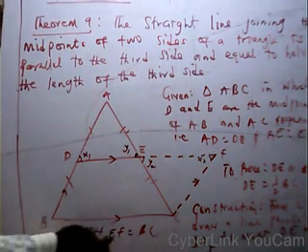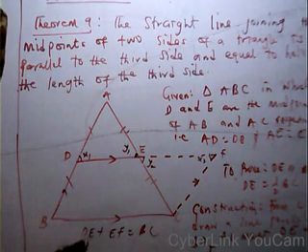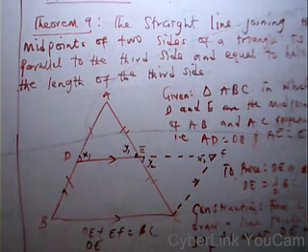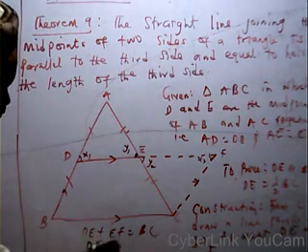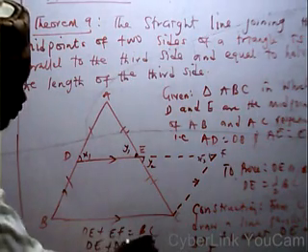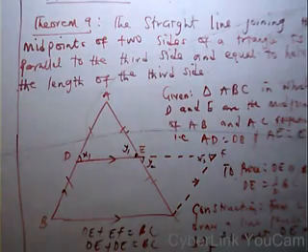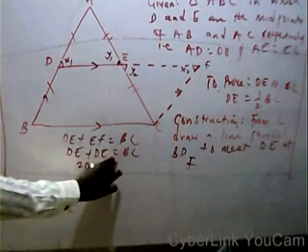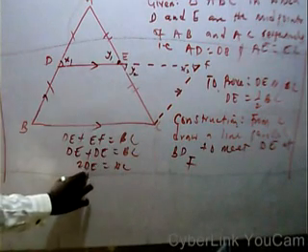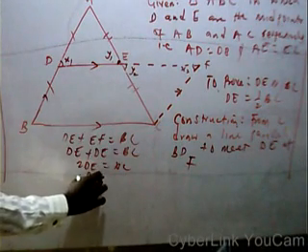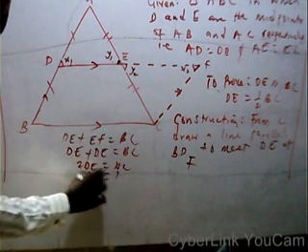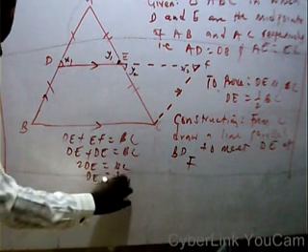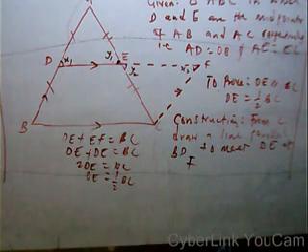And we know that DE is equal to EF. That is DE, which is 1 DE here, plus another DE is equal to BC, right? So we are going to have 2DE equal to BC. And our DE is now equal to 1 over 2 BC. That is what we are to prove.